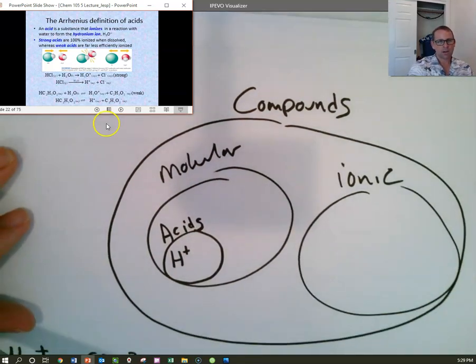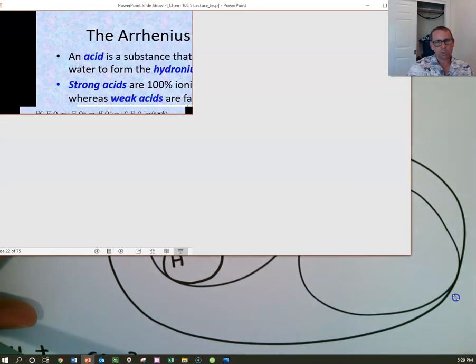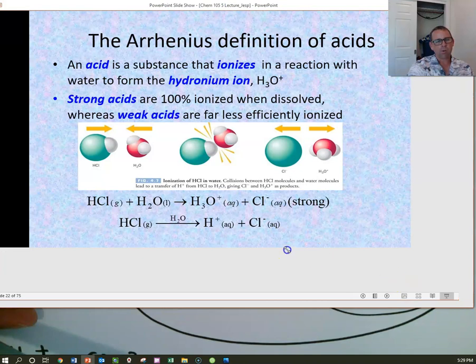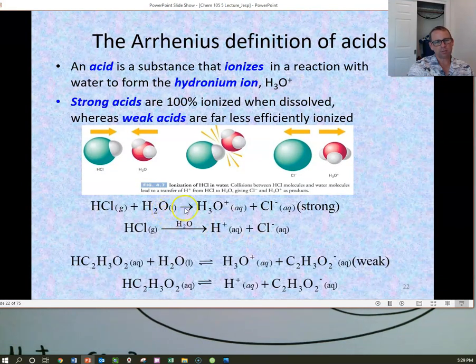So acids are molecular compounds, but when you put them into water, they dissociate. So here's our chemical equation. HCl, that's an example of an acid. It goes into water, and then it separates into an H+ ion and a Cl- ion.